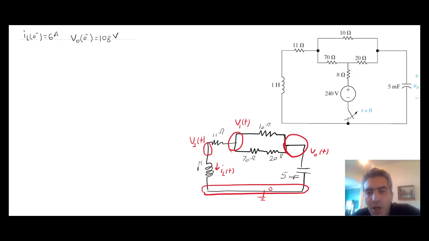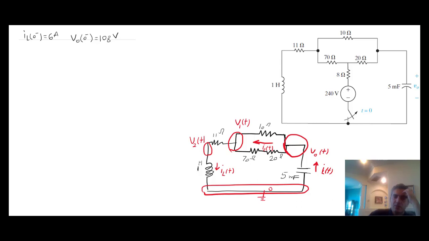So I'm going to just box this up and call it one resistance. And therefore I'm going to just assume there's one current passing through that equivalent resistance, and that's the same as ILT. And the same here. So there's ILT here, and there's ILT here. There's one current in the circuit.